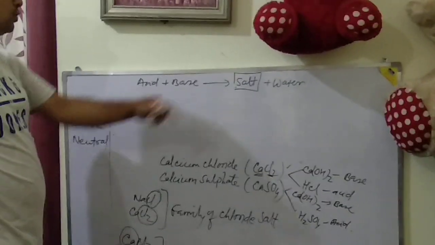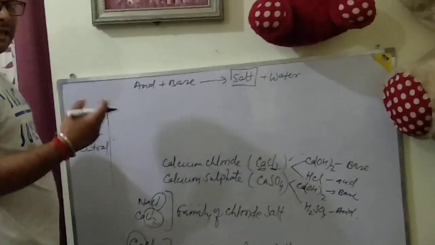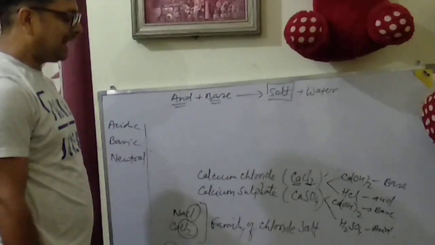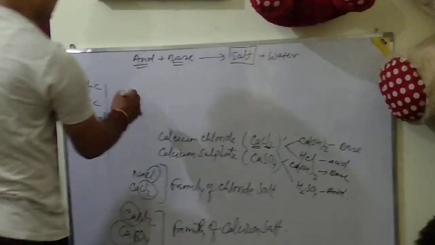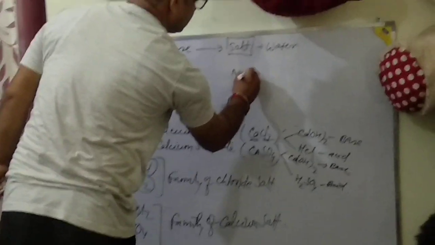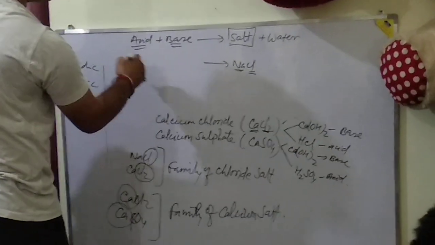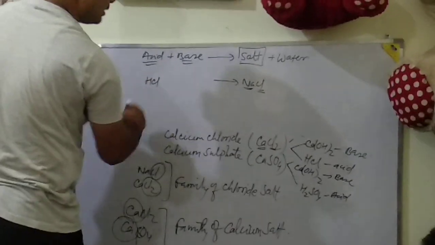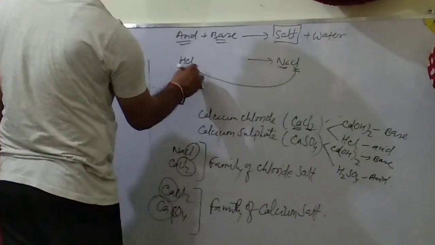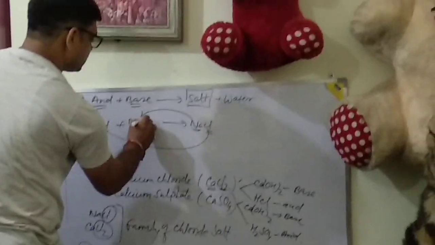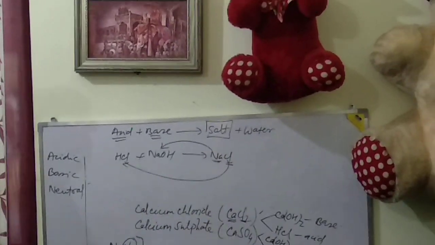Now whether the salt is acidic, basic or neutral depends on the acid or base which is involved in its formation. Likewise, in NaCl, the acid involved is HCl, from chlorine, and from sodium the base involved is NaOH.